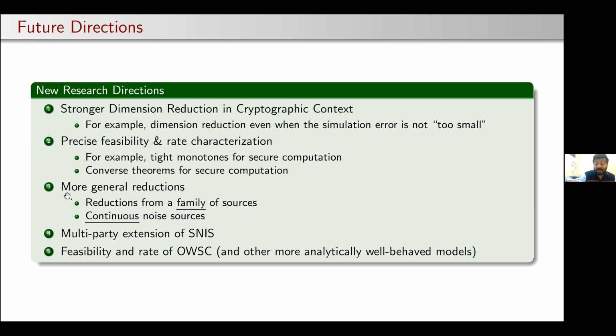In the talk today, we considered two-party reductions that considered samples from one type of source. However, we can consider reductions from a family of sources. These actually give us an extremely powerful technical tool. In fact, think of it in this way.